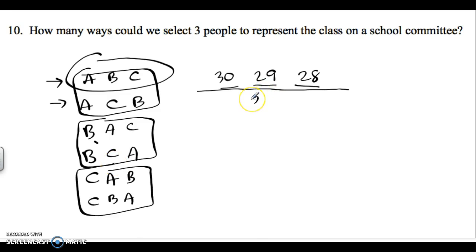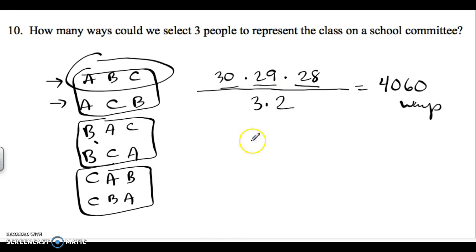So we divide by 6, which is really 3 times 2. So 30 times 29 times 28 divided by 3 times 2 means we are only left with 4,060 ways. A lot smaller than our previous case with the president and vice president.